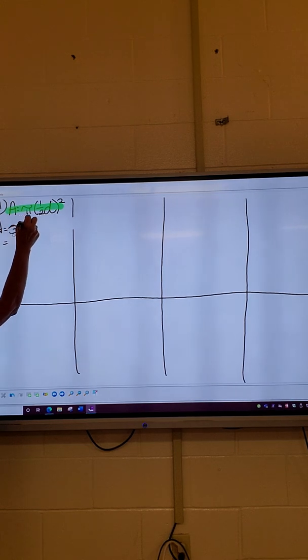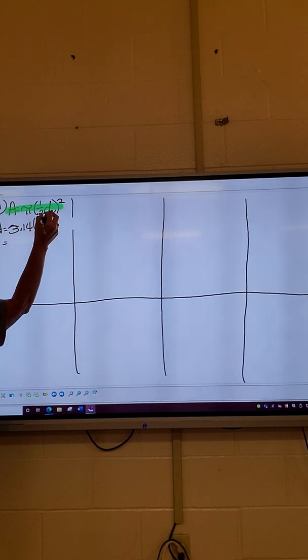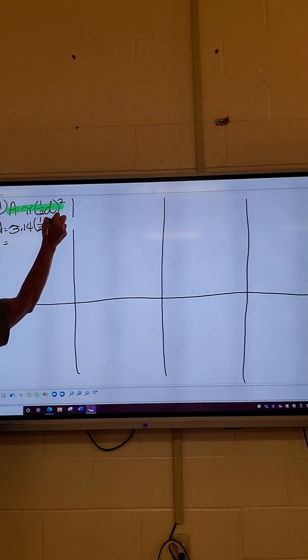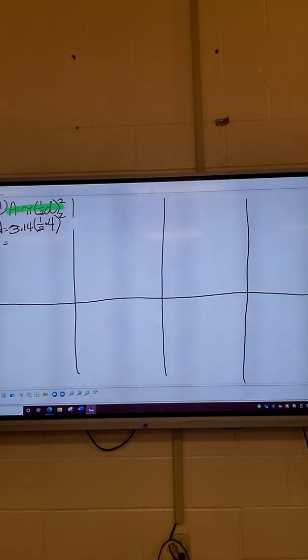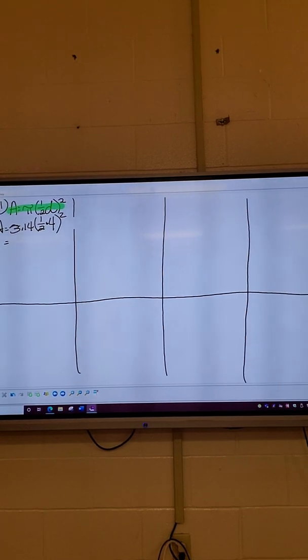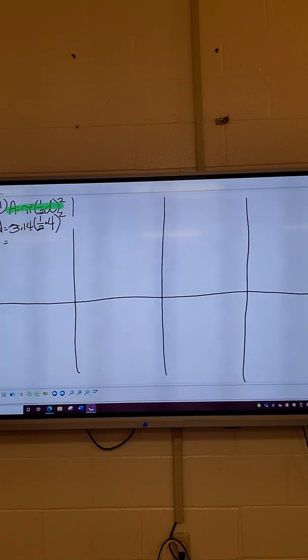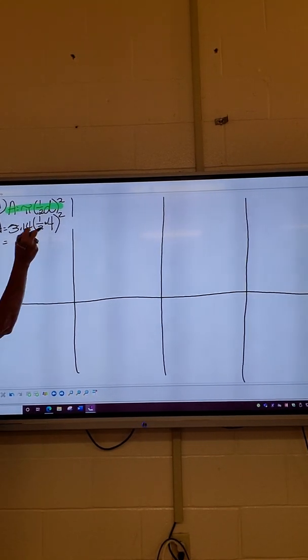3.14 times 1/2 times 4 squared. Let's do it like that. You've got to do what's in parentheses before you do what's in the exponent. And 1/2 of 4 is in those parentheses, and the way I had it written, it wasn't clear. So let's do it that way.